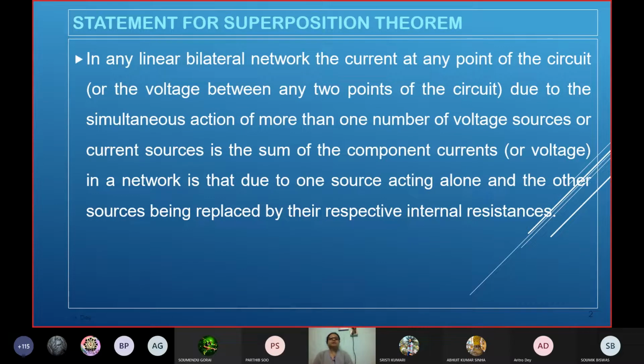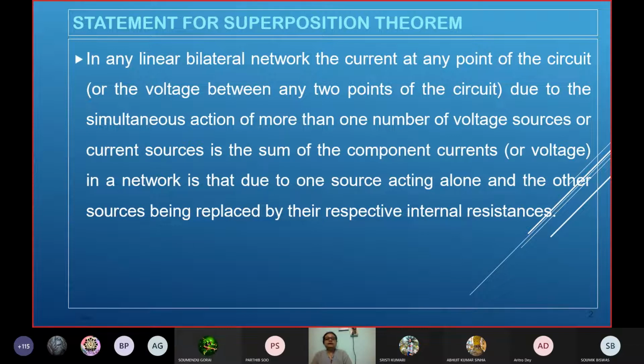Now, what is the statement of the superposition theorem? First of all, as we have already discussed, the superposition theorem is valid for a linear system, a system where the homogeneity and superposition principle holds good.